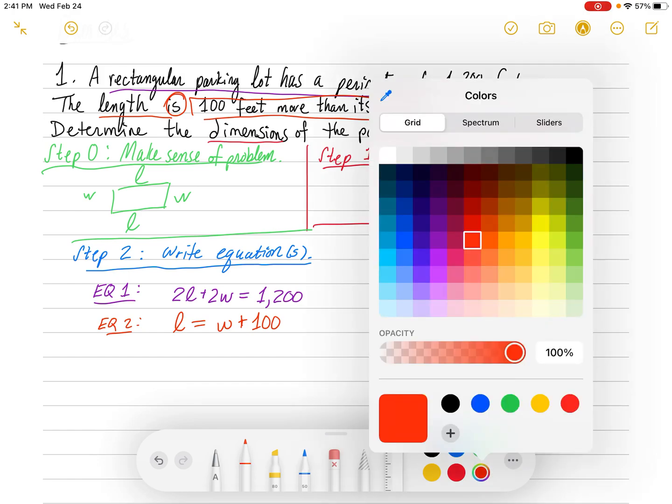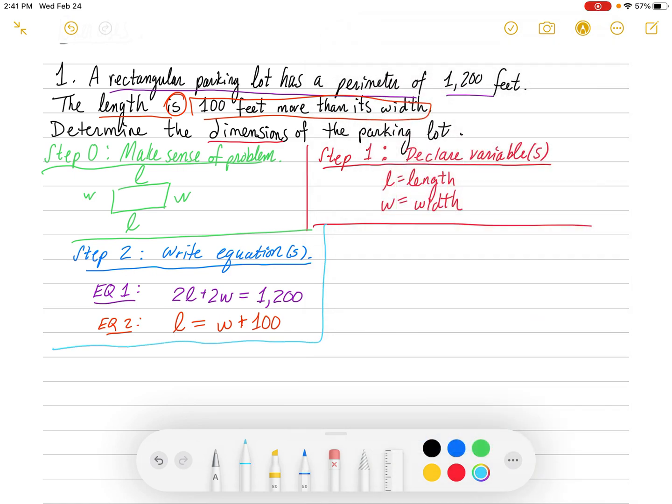The next step is to solve these equations. So I'll do a little step 3 where I solve. So notice I have a purple equation and an orange equation, and I have two variables, L and W. It would be nice if I can get this all in terms of a single variable.